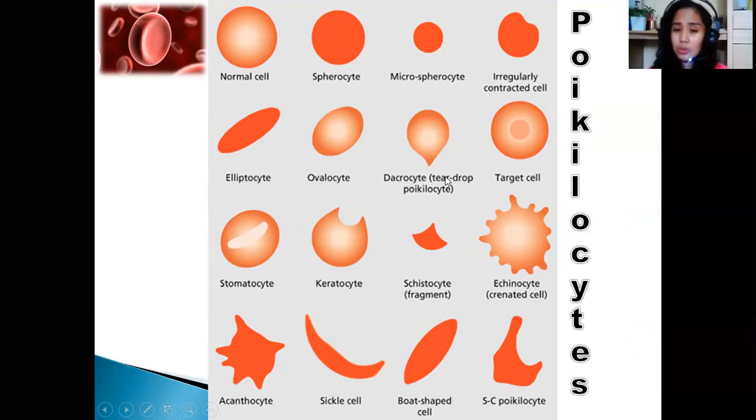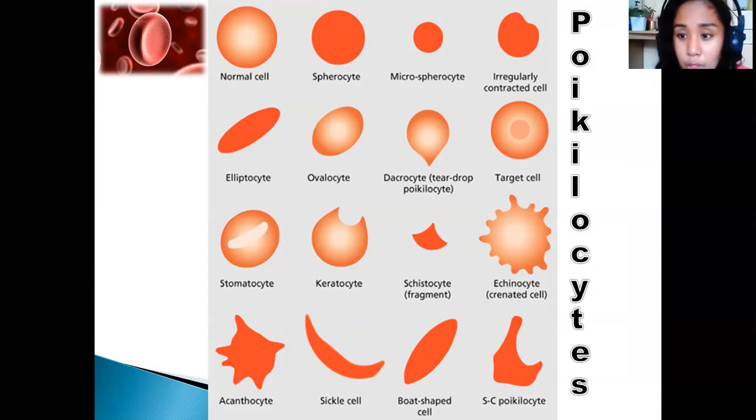Dacro means tear. When a person has dacrocystitis, there is inflammation of the lacrimal gland or tear gland. So dacrocyte, teardrop.